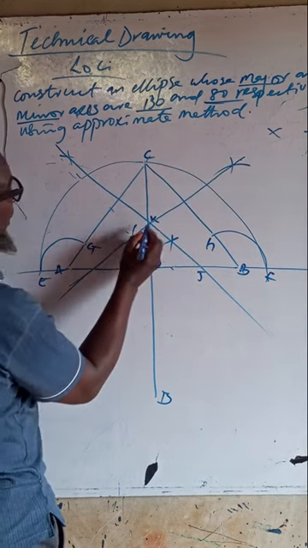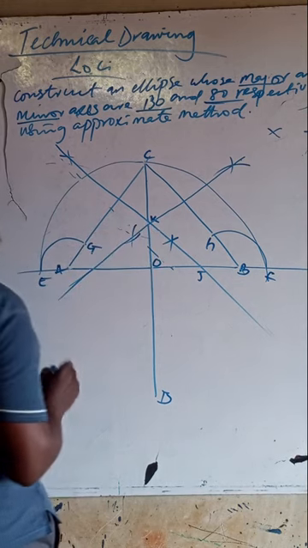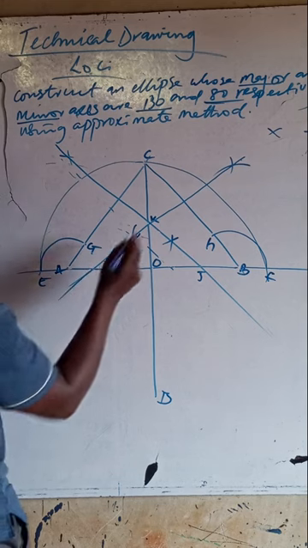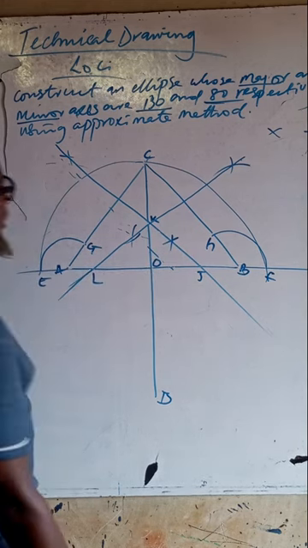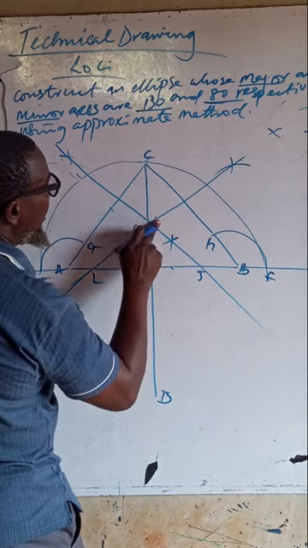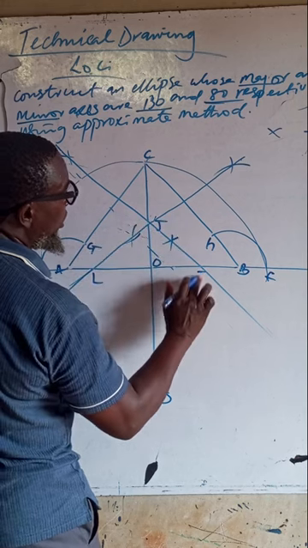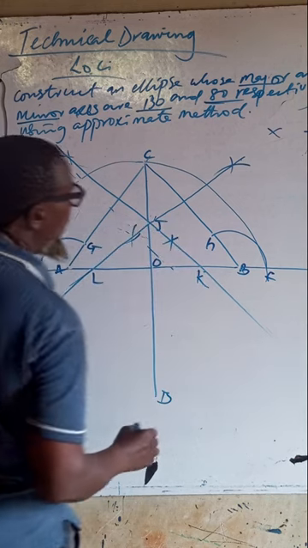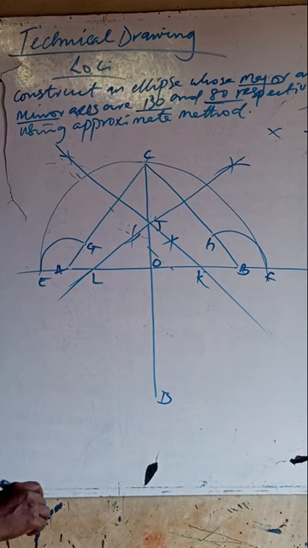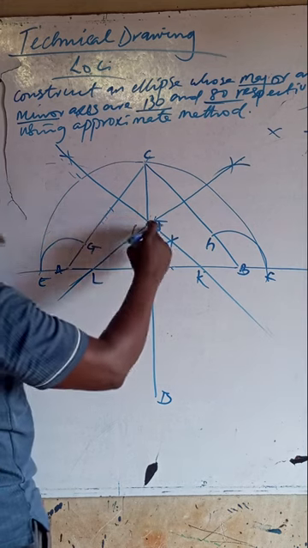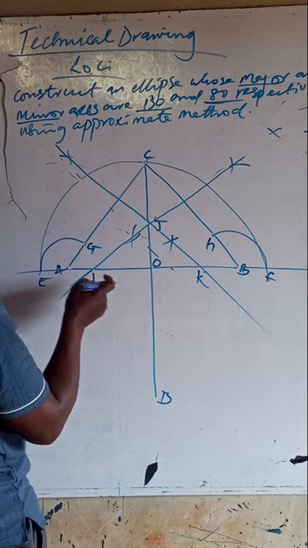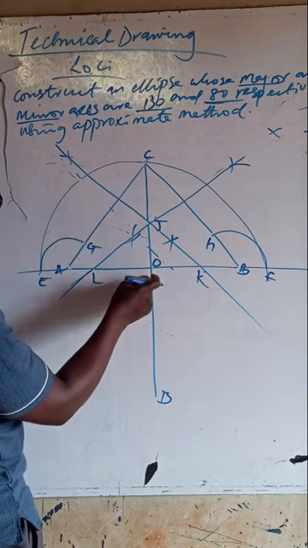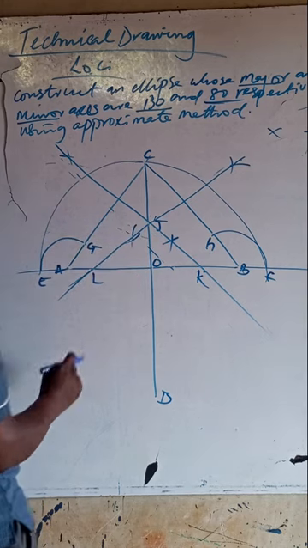If you have done it correctly, they are supposed to meet at K. Let's call this place L. Is that clear? No, let me adjust. Let's call this place J and this one K. You understand? So invariably you have a bisector intersecting CO at J and another bisector intersecting CO at K.